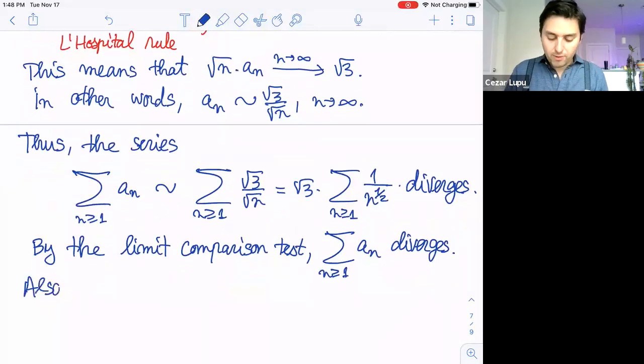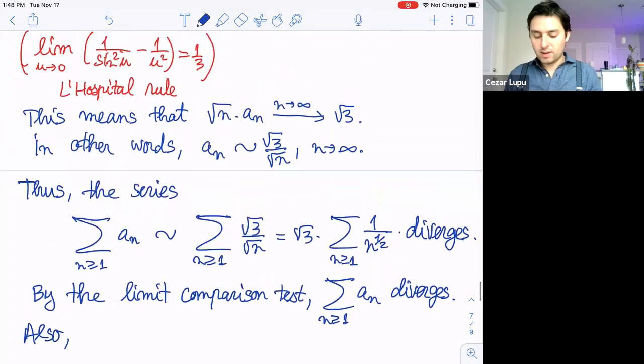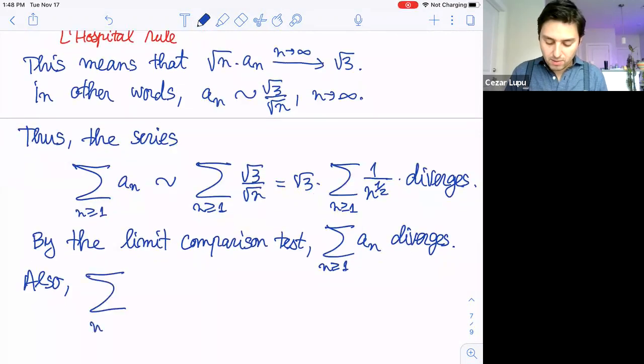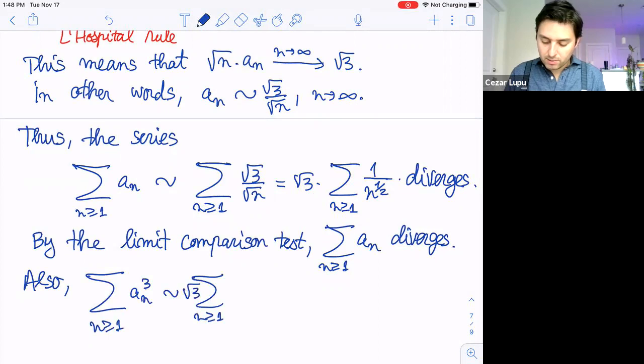Also, for the cube one, as you can see, the situation will be a little bit different. So this would be, again, I don't care about the constant, it's a constant cubed here. Okay, let me write it.